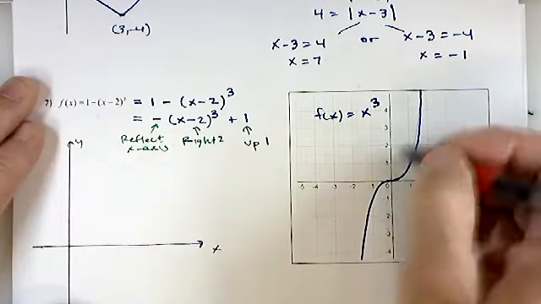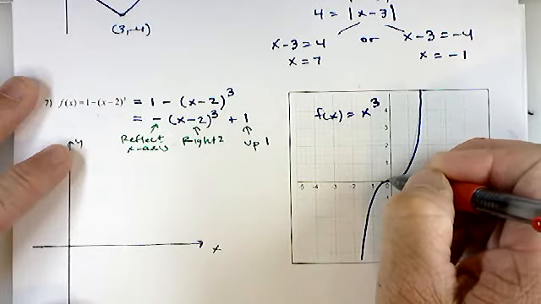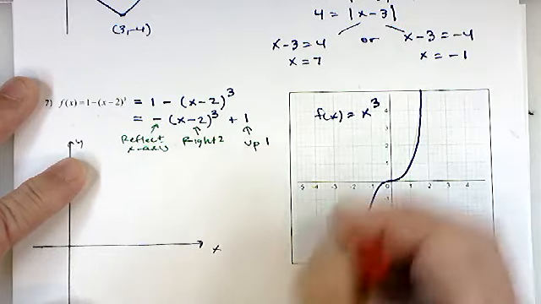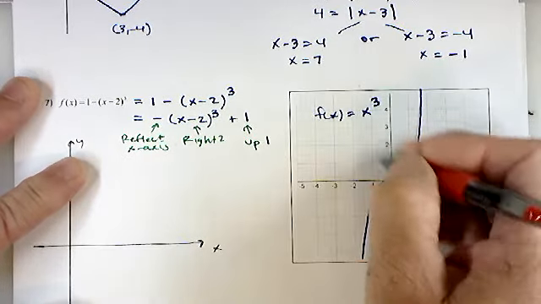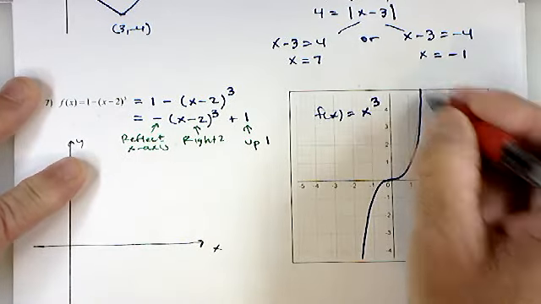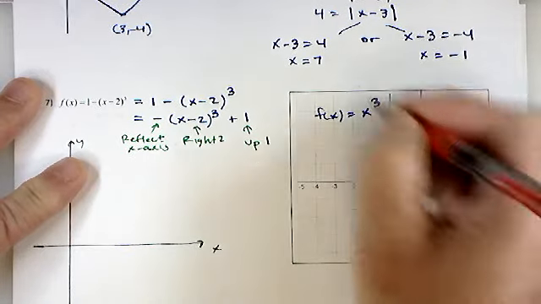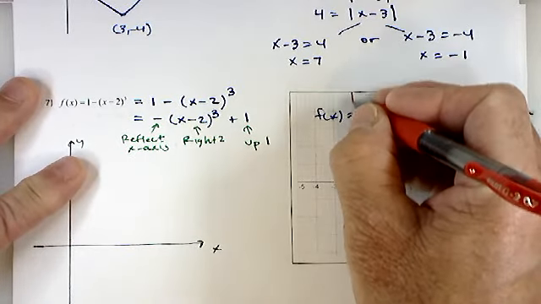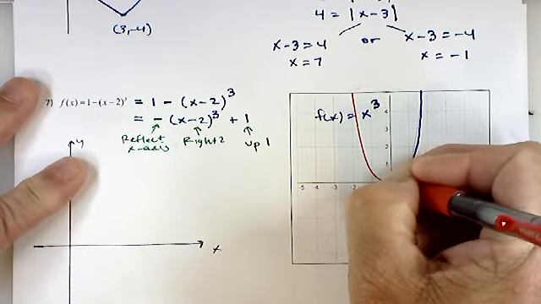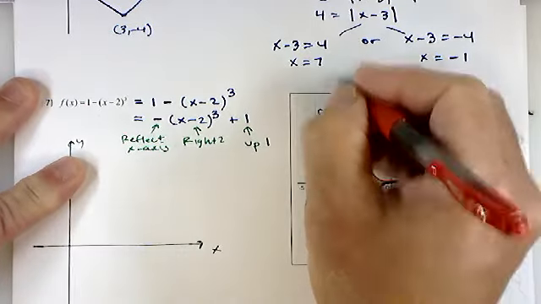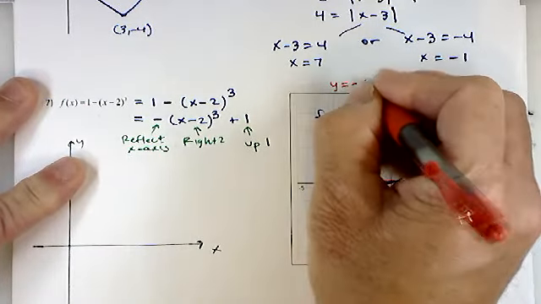Before we sketch this, since I've got x cubed here, let's think about what the graph of y equals negative x cubed would look like. I'll do that in red here. And remember, when I say reflect about the x-axis, this part comes down, but then this part actually goes up. So that graph's going to look something like this. This red one here would be y equals negative x cubed.